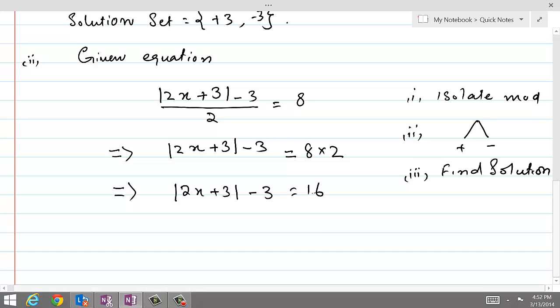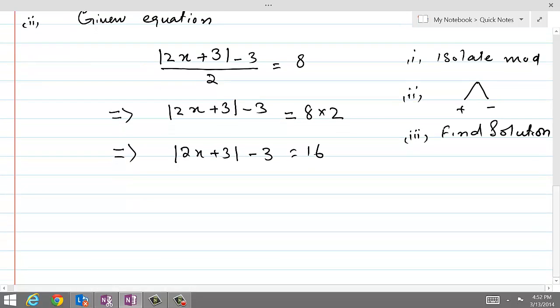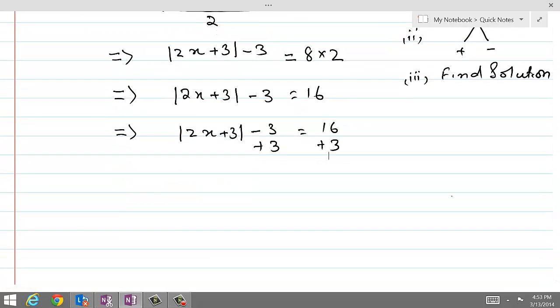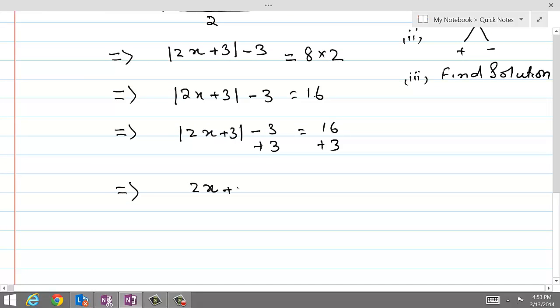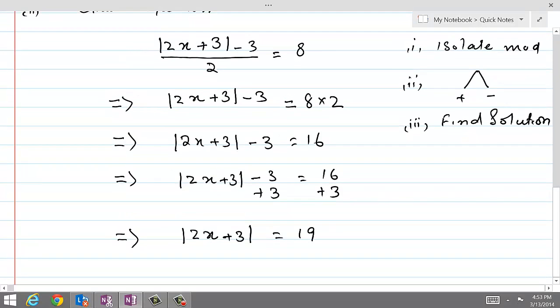We want to isolate the modulus value, which is 2x plus 3 mod, so we need to take this 3 to the other side as well. So this way we have 2x plus 3 mod minus 3 equal to 16, and we will add 3 here and add 3 here. So we get 2x plus 3 mod equal to 19, and our first step of the strategy is complete.